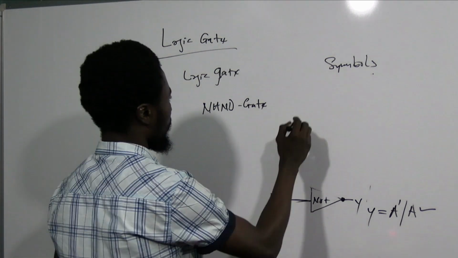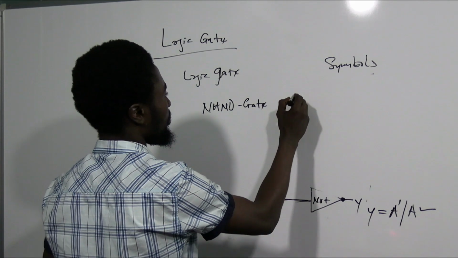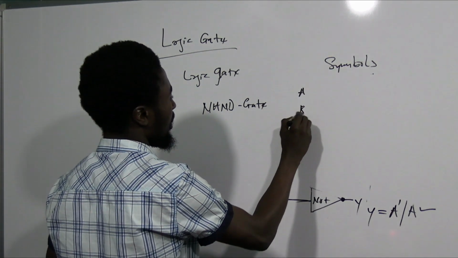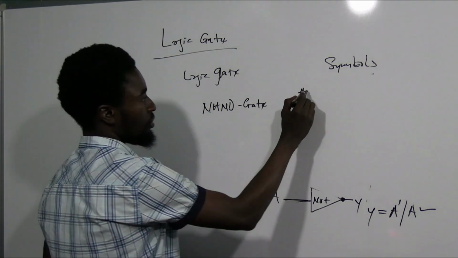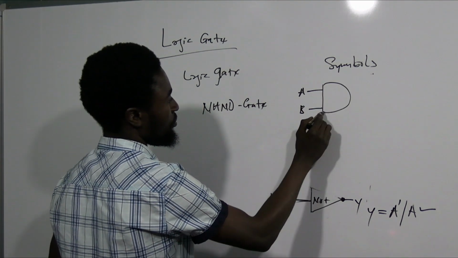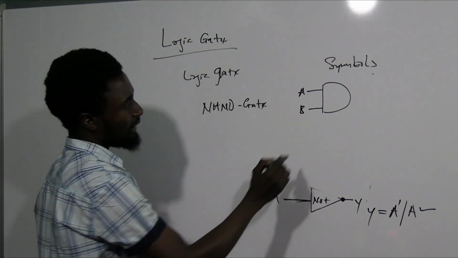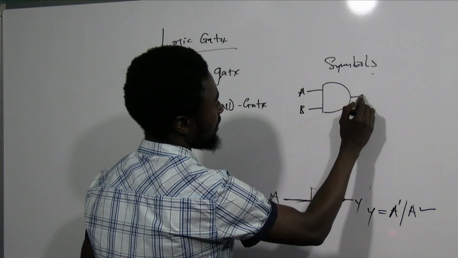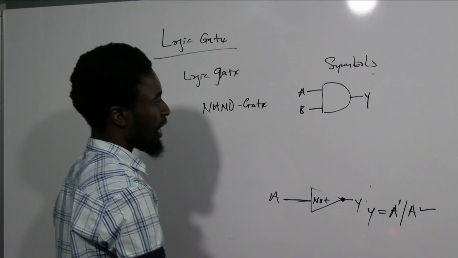First, we have two inputs, for example input A and input B. Those inputs normally go through the AND gate, and for example you have the output Y.